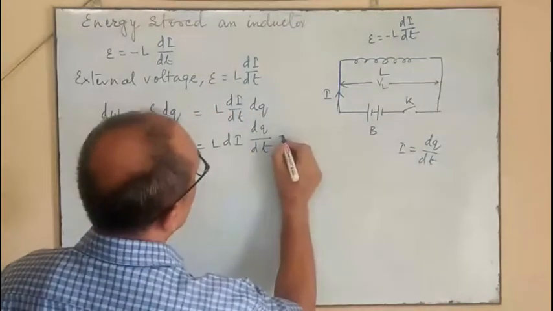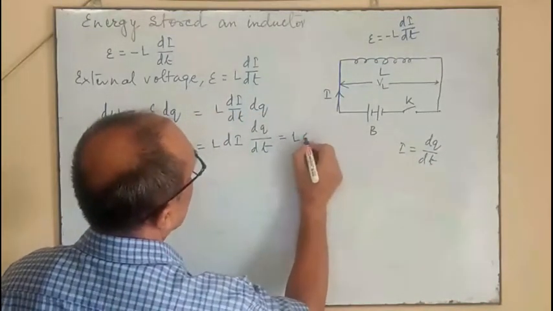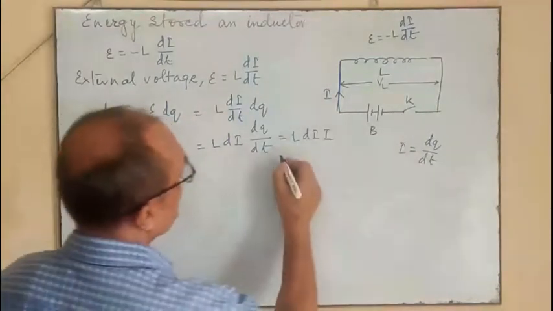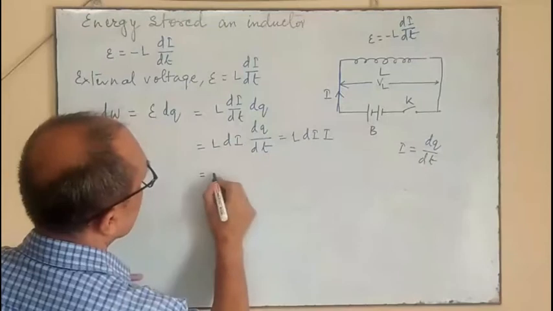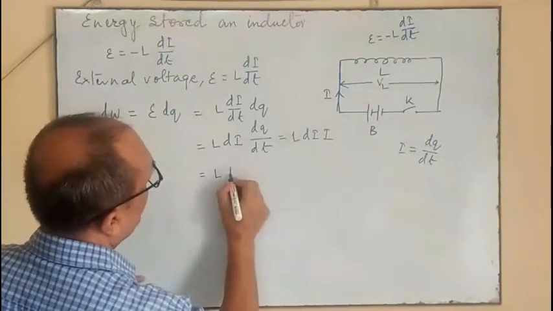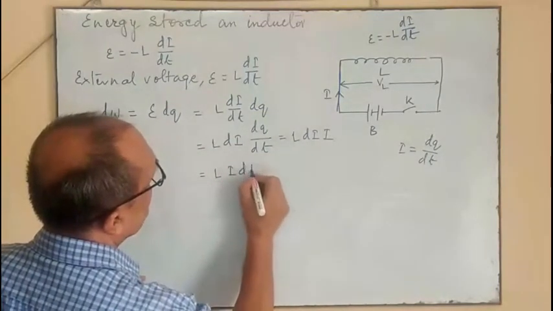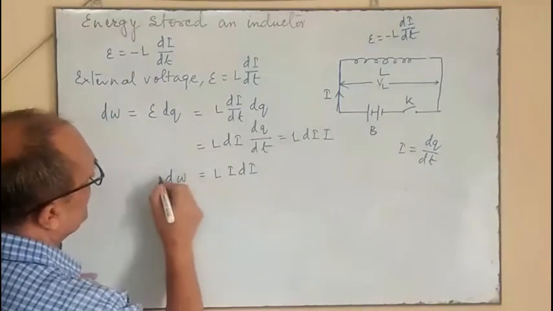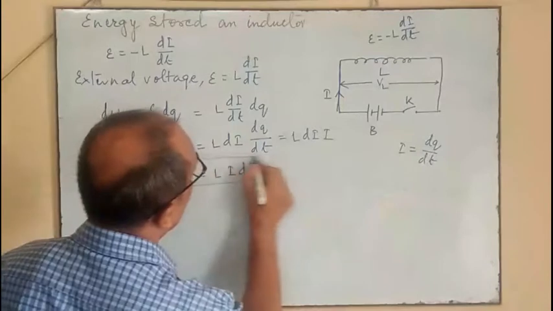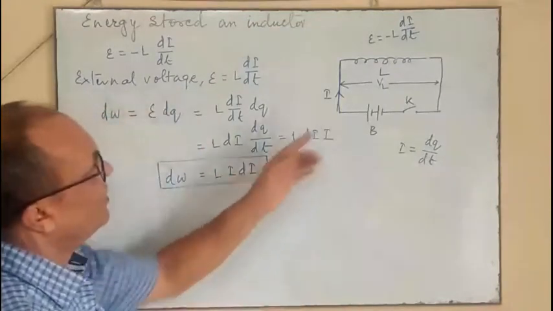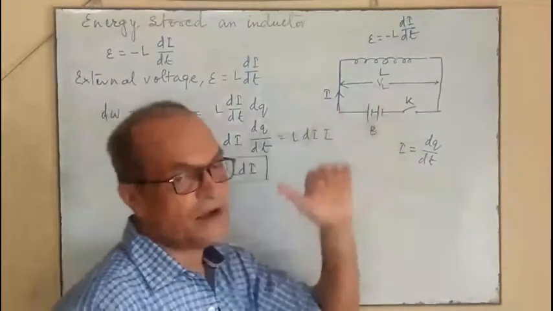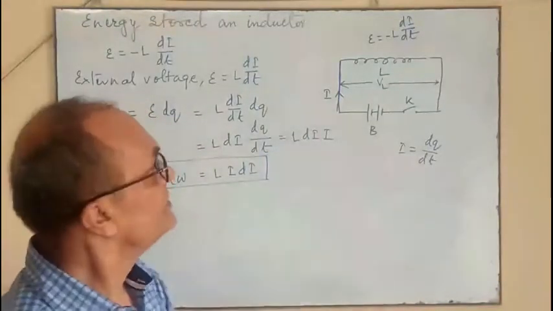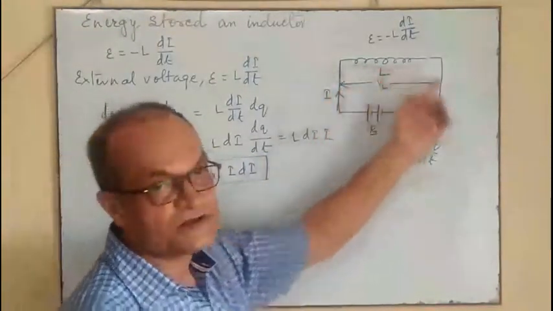So this may be written as L di I. So this equals L I di. This is the work done by this applied EMF in passing a charge dq through this inductor.